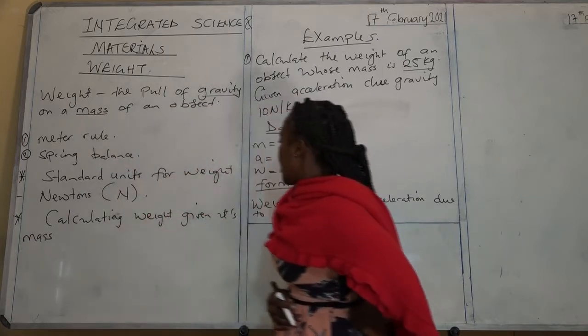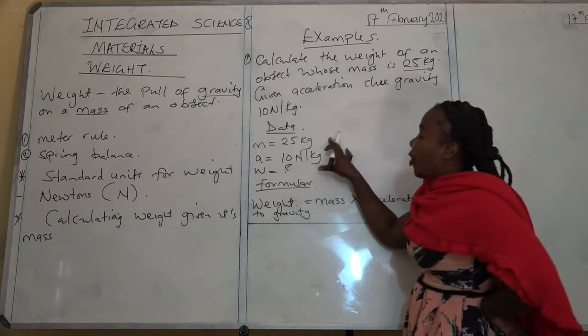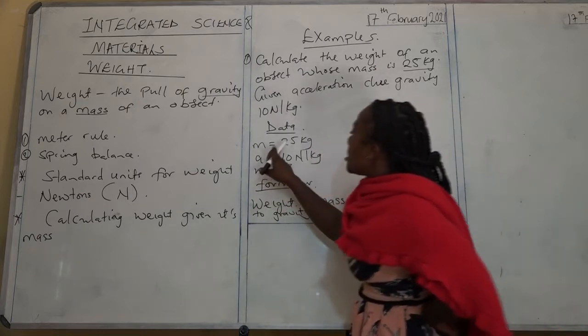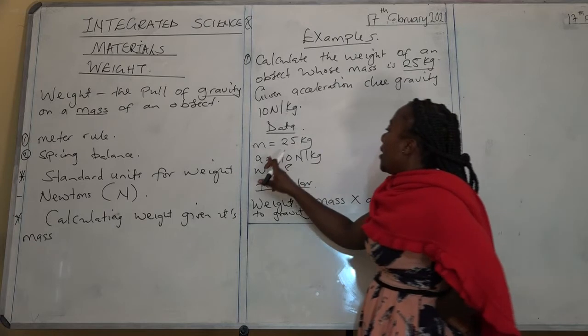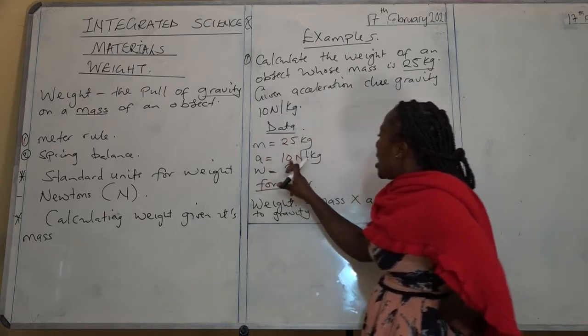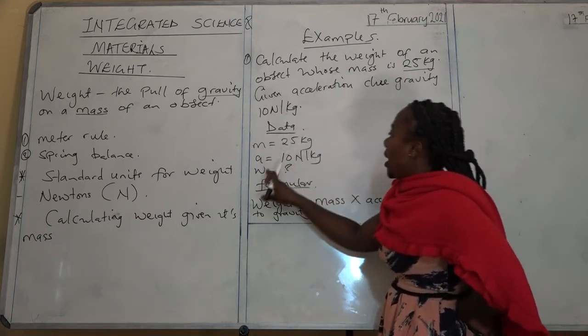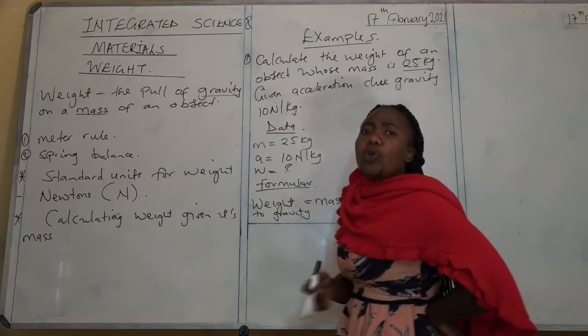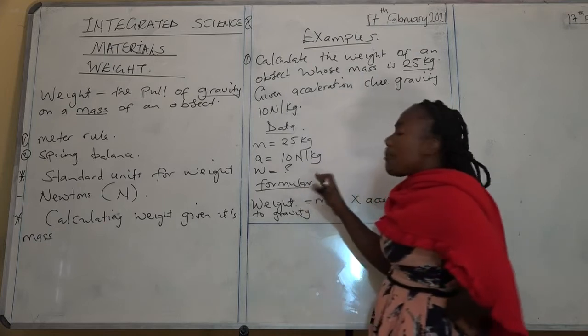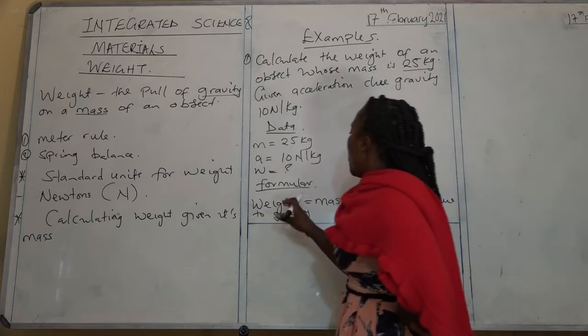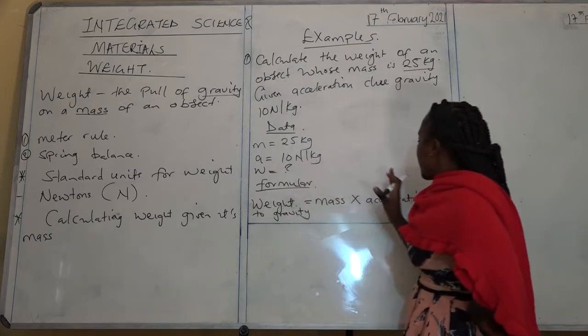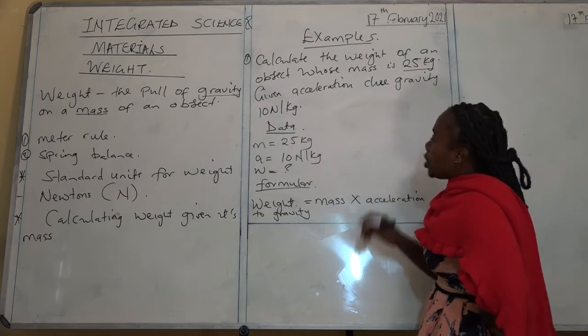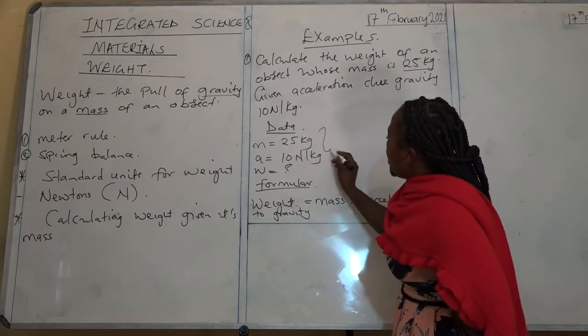Are we together, class? Having collected the data, where mass is equal to 25 kg, acceleration due to gravity is equal to 10 newtons per kg, weight is equal to question mark, because we want to find weight. Our formula is weight equals mass times acceleration due to gravity. So we place in the values we've been given.